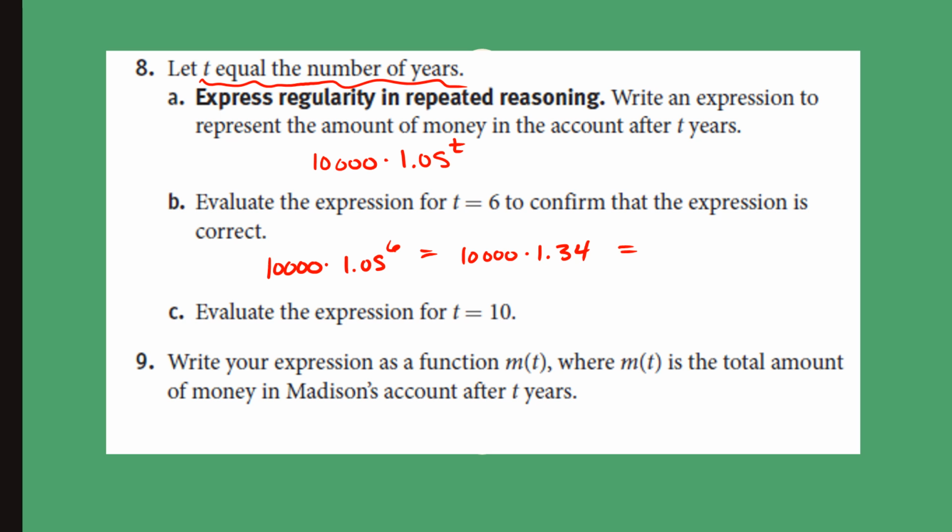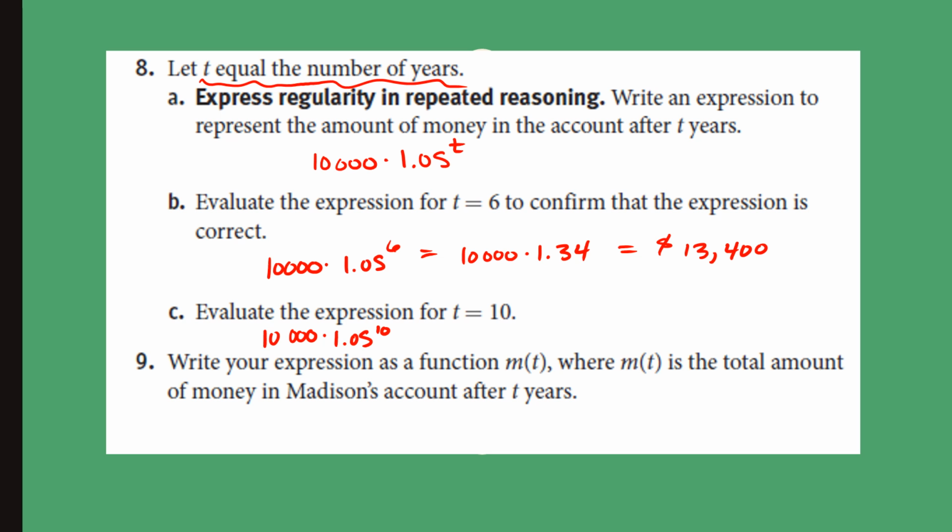And so then when I multiply those, we're going to get 13,400. And then if we look back at our table, that should match. So if we look back at what we had after 6 years, it should be about 13,400.